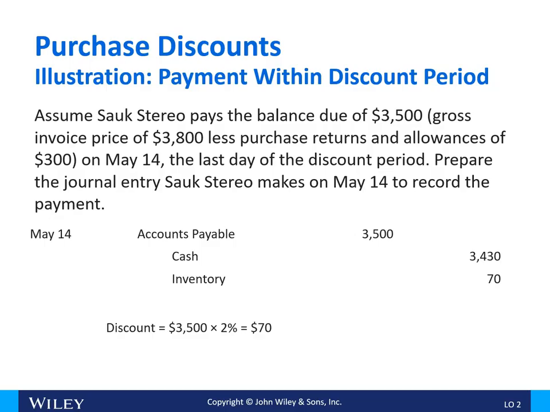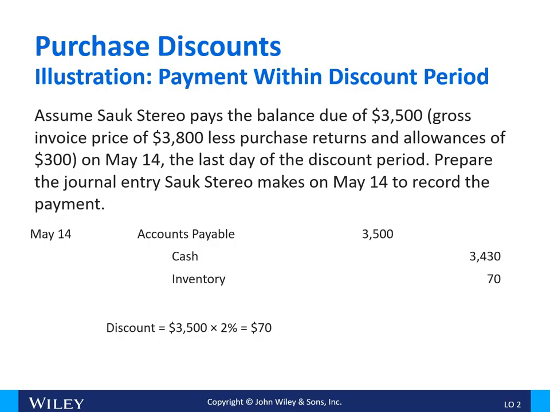That's what our liability is on the books for this transaction. Since we're paying it off, we're going to relieve that full liability. But the cash we paid is going to be reduced by the discount amount. So we're going to have that reduction of $70 in the cash paid. So the cash paid is only $3,430.